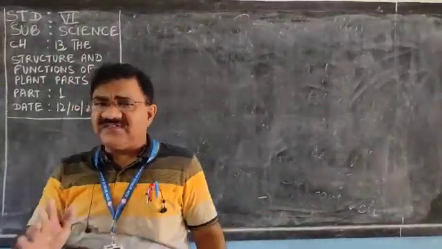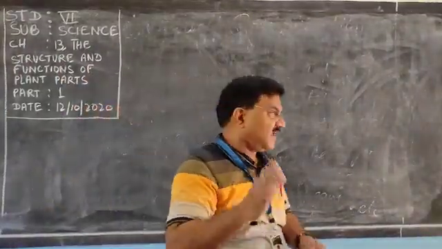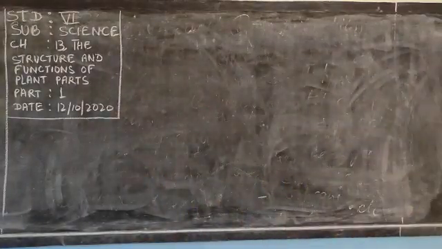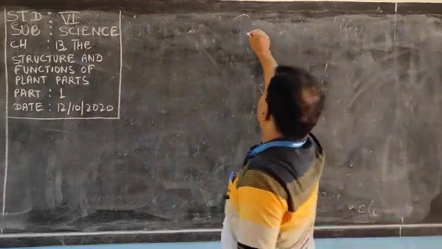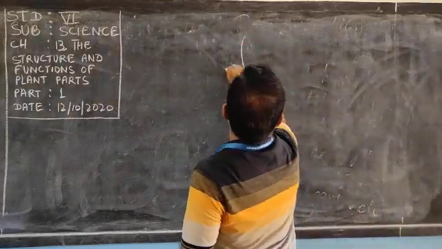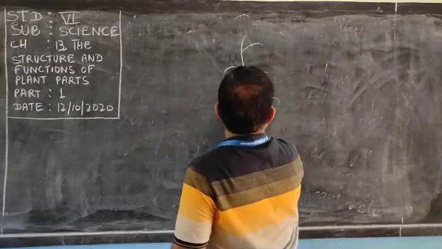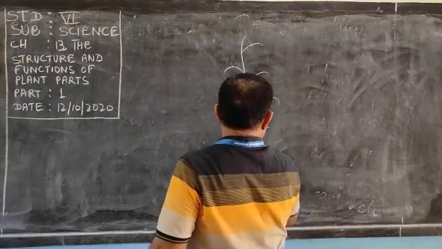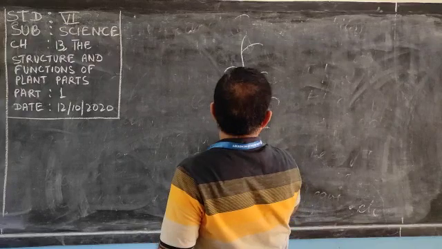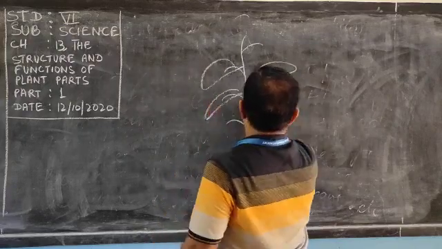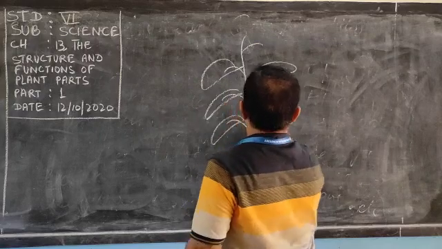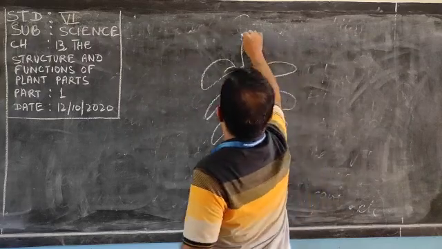In this, what we will discuss: you must have uprooted a plant. Say this is a plant. Some part of the plant is under the ground and some part is above the ground.